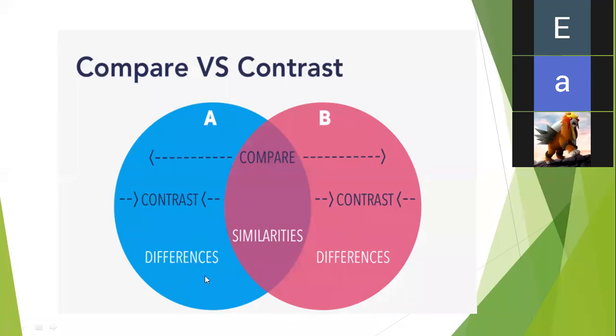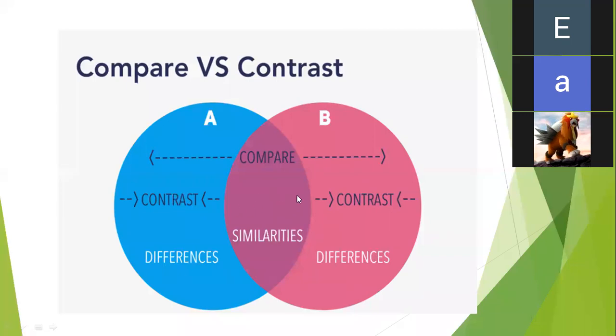You see, the Venn diagram, it's not new to you all. The topic is compare and contrast. Here these are the two circles. One is blue and the other one is pink. They both are overlapping. This part is the comparison part, which is common. And the other parts are the differences.